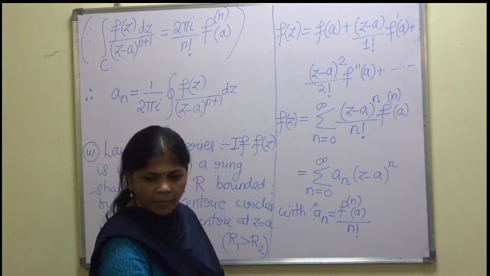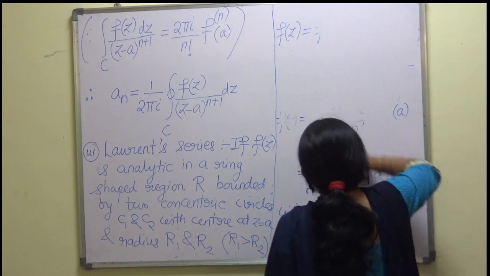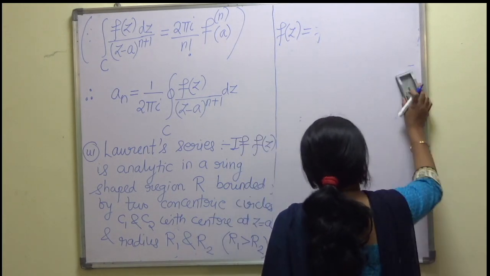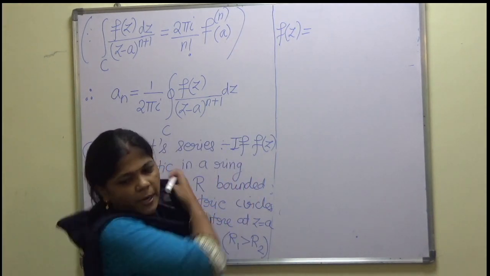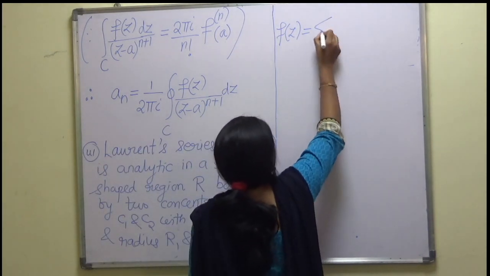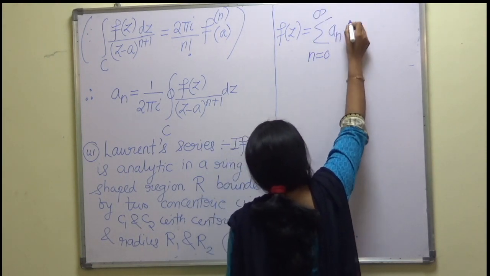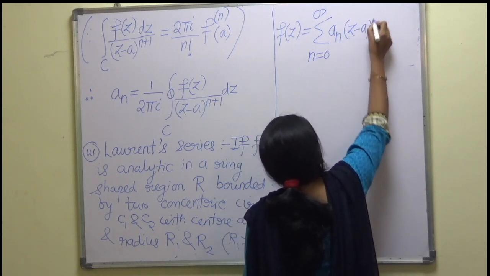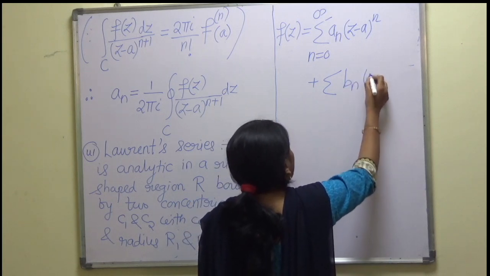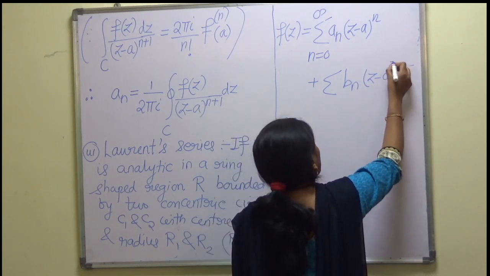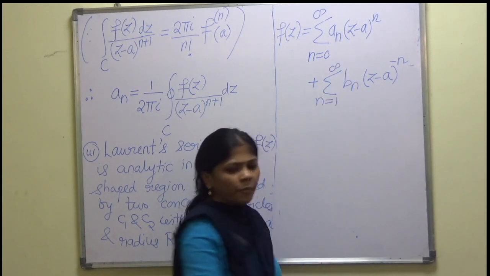It is given by f(z) equal to the summation n equal to 0 to infinity of a_n (z minus a) raised to n, plus the summation of b_n into (z minus a) raised to minus n, where n takes the value from 1 to infinity.